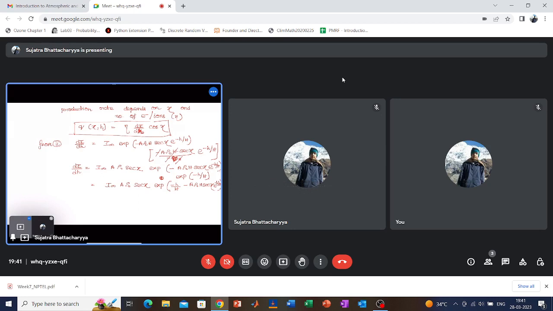Okay. Now, q, which is a function of chi and h, will be equal to eta I infinity a rho naught secant chi.